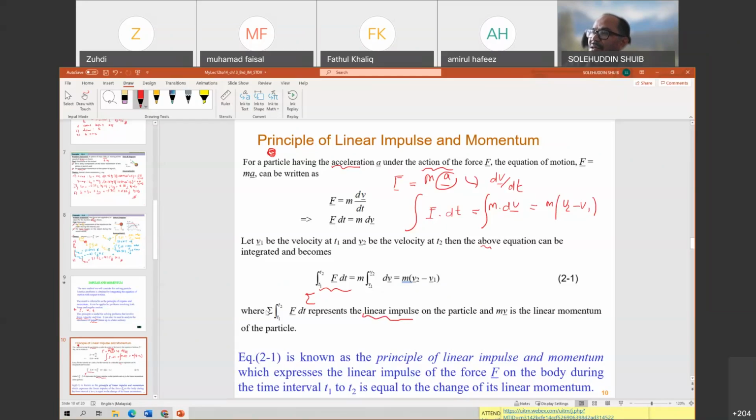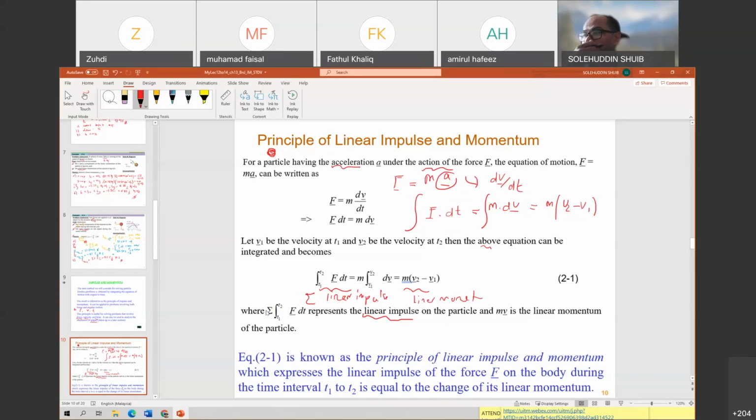This is the left-hand side of your equation. And for this one, mv is the linear momentum, and this one is the linear impulse.